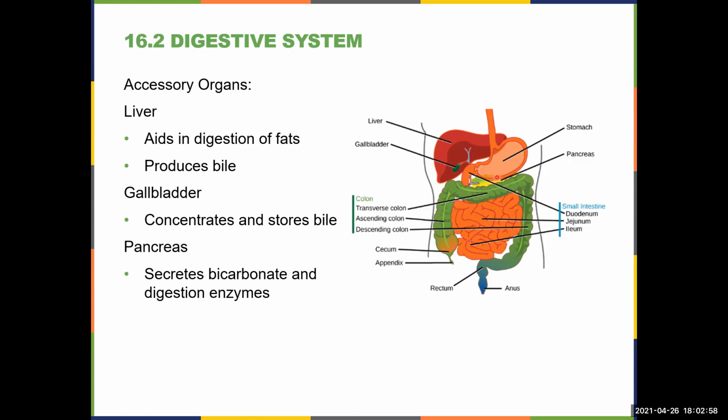And then the pancreas, which is located right underneath the stomach, kind of right behind the large intestine, is where the bicarbonate comes from that helps to neutralize the acidity of the chyme as it enters the small intestine. And it also releases other digestive enzymes that help to break down the food as it moves through the small intestine.